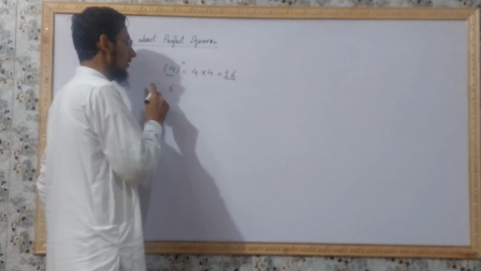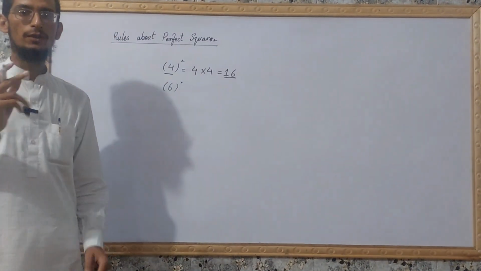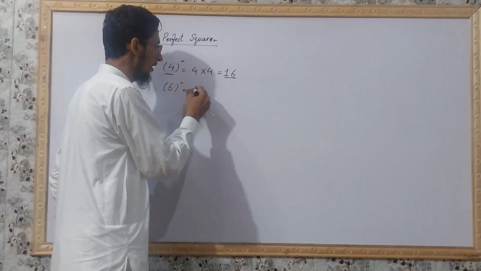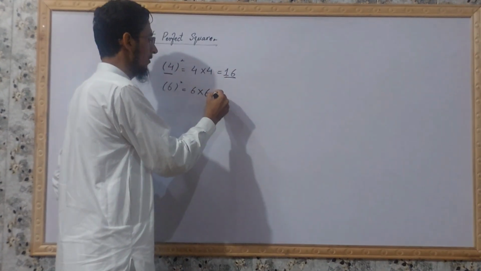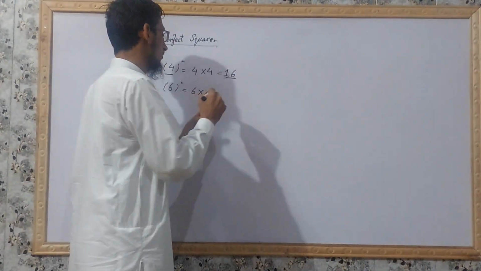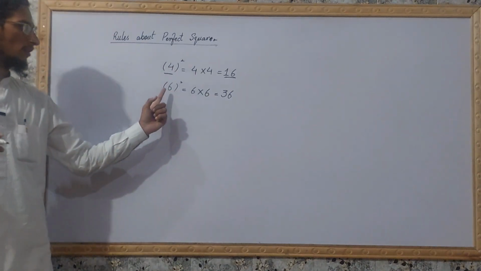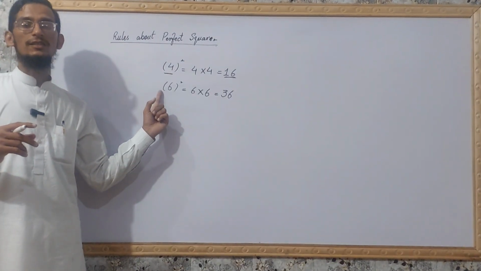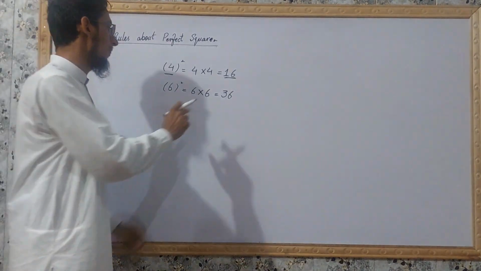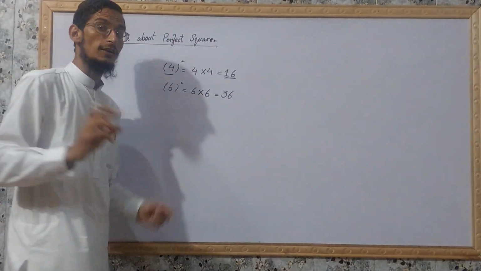6 is an even number. When we take its square, what will happen? We have already learned that it will get multiplied by itself. When we multiply 6 by 6, we get 36. Here in this example, 6 is an even number, यानी कि 6 एक even number है, and the product of 6 into 6 is 36.